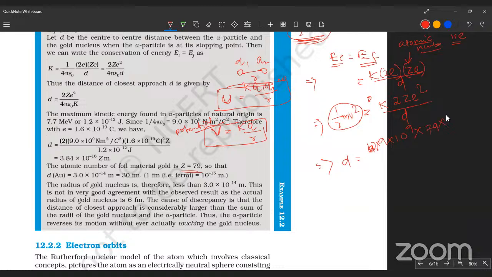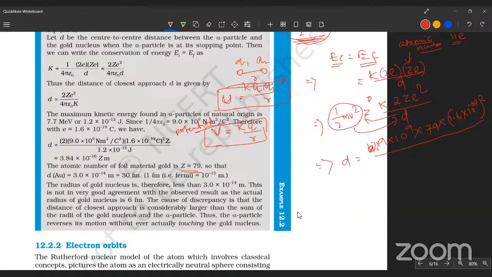E square, E is 1.6 into 10 to the power minus 19 coulomb, squared. Fine. And divided by the kinetic energy, which gives D.